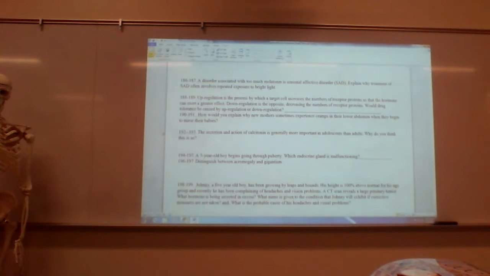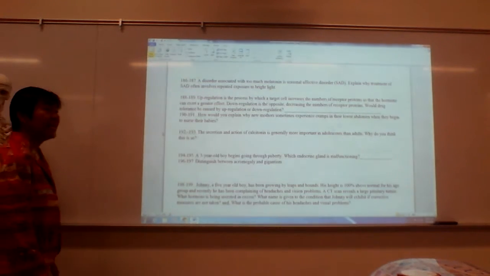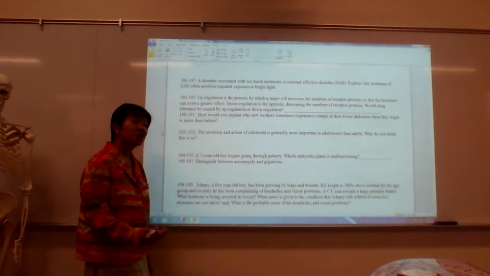Downregulation is like decreasing the number of receptor proteins. What is the answer? Drug tolerance means you're tolerating it.